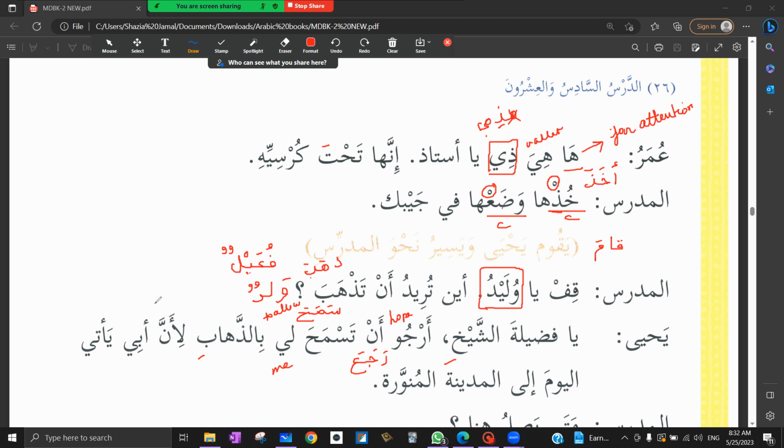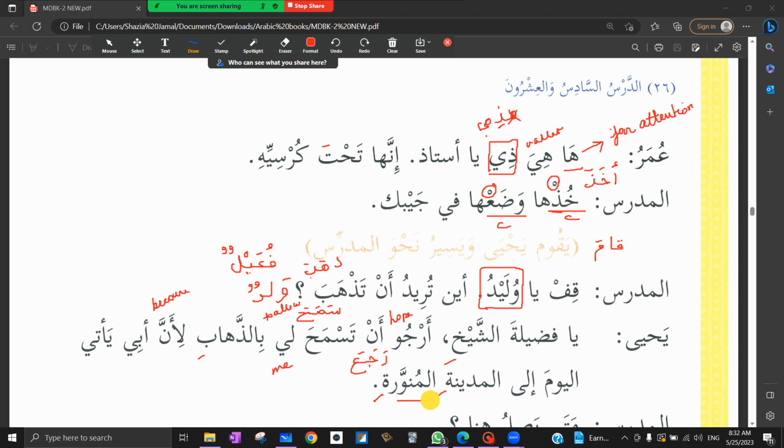Li anna, because, and this is also from the sisters of inna. Abi yati, my father will come today al yawma ila al madinatil munawwarati. Due to the harf jar, it is madinatil munawwarati. I hope you allow me to go because my father is coming today to Madinatul Munawwarati. Why is it Madinatul Munawwarati?